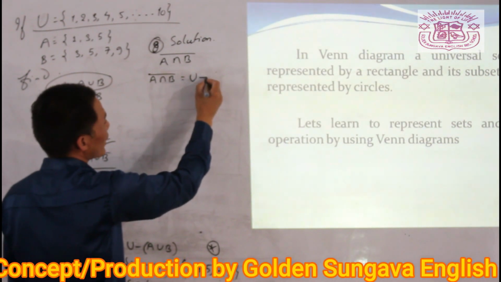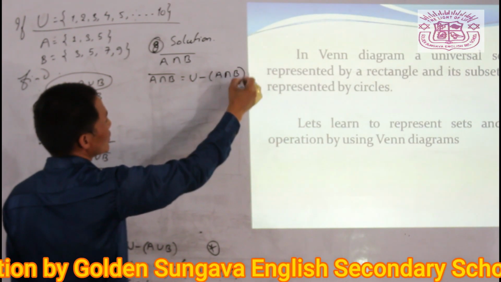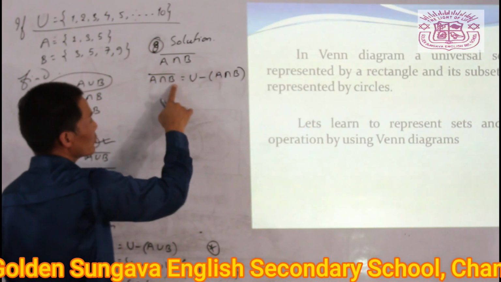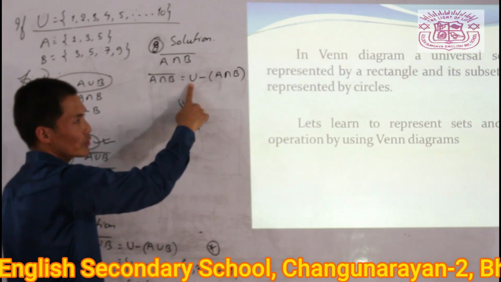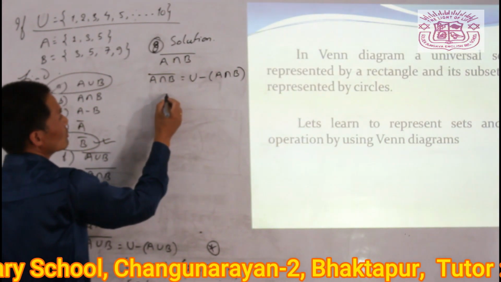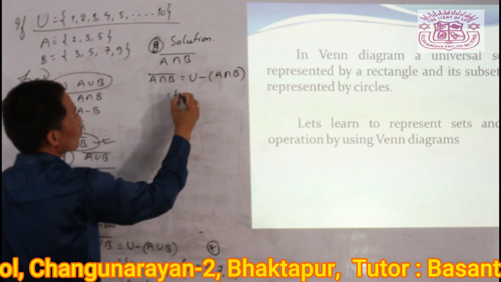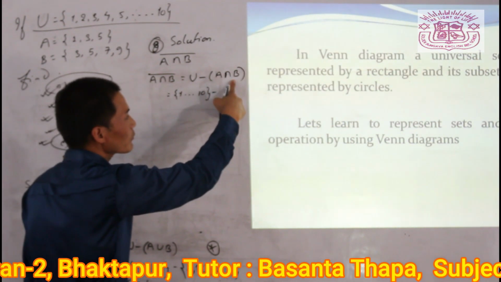Universal set minus A intersection B. So here we go, the elements of U, 1 to 10, and A intersection B.